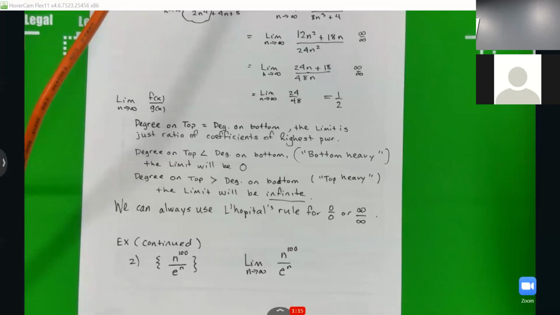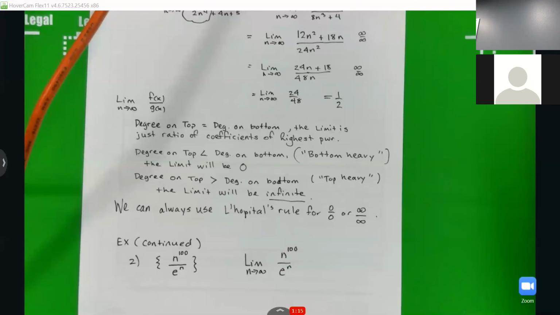Well, I know if I did about 100 applications of L'Hopital's rule, eventually my numerator is going to be a constant. But the denominator is not. No matter how many applications of L'Hopital's rule I do, my denominator has as its derivative e to the n. So eventually I would have a constant divided by e to the n.